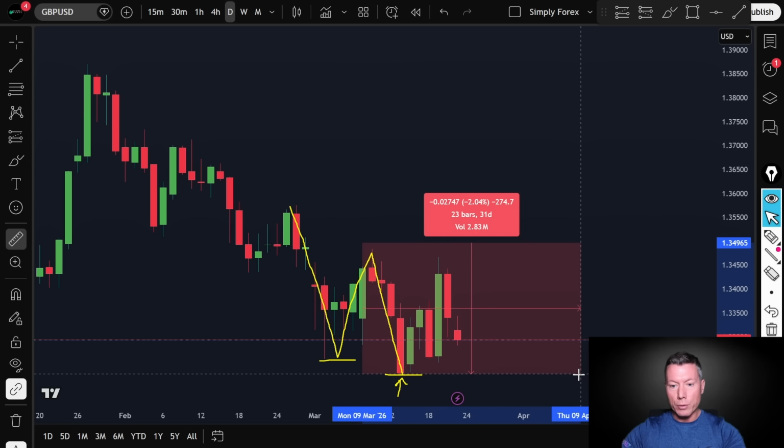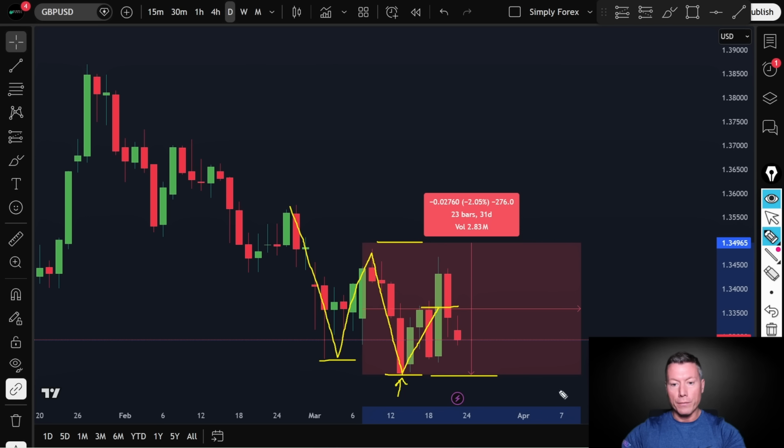We want to take price back down to those lows. You can clearly see price has pulled back to the 50% level, stop loss up here, take profit here. All right, so we're currently in a live trade. But until that point, we are +3 with pound US dollar. Now, if this plays out, we are +4.